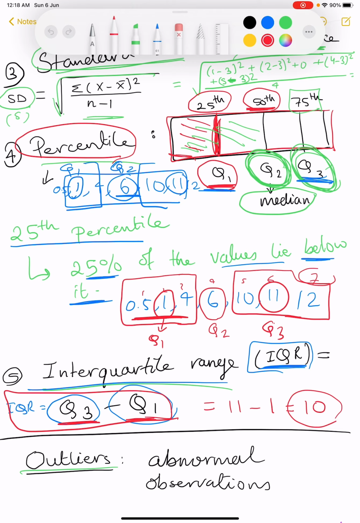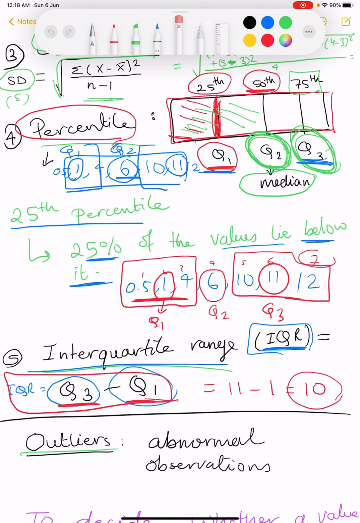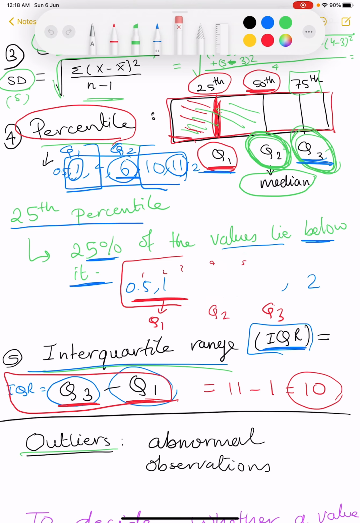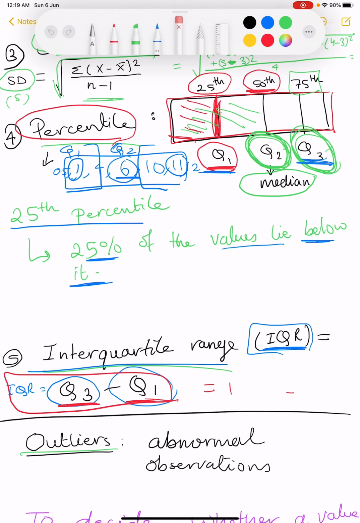What if we have an even number of values? In the previous example we had 7 values. Now if we have 1, 4, 6, 10, 11, and 12, we have 6 values. We'll take these two to calculate the median. It will be 8, which is 16 over 2.